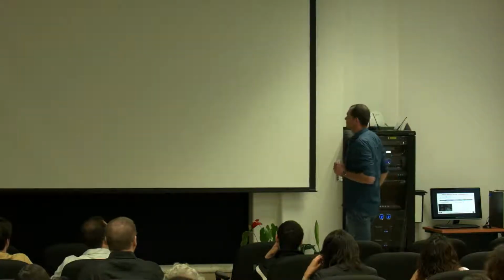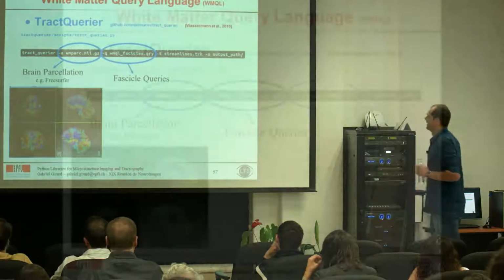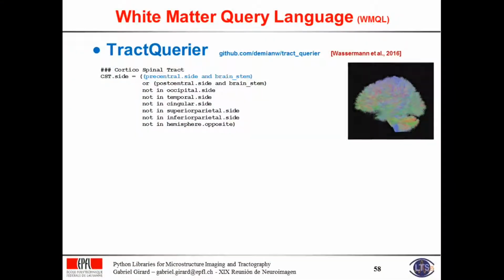And then, for instance, if you want to define a corticospinal tract, you might say, I want every streamline that goes through the precentral area and goes to the brainstem, or goes to the postcentral gyrus and through the brainstem, but does not go in the occipital lobe, the temporal lobe, the cingulate, or the superior parietal, or does not go in the opposite hemisphere.